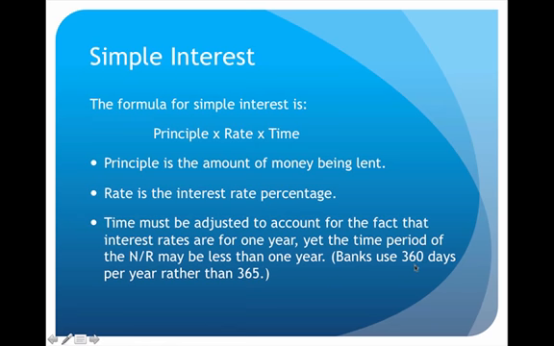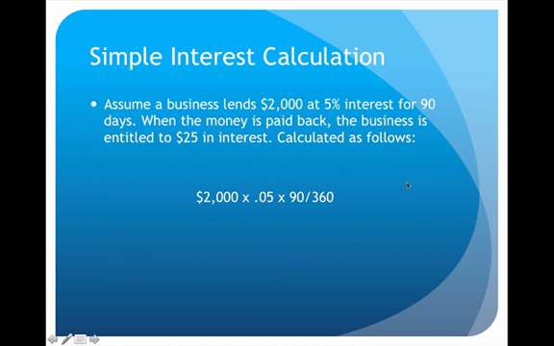Now, to see this in an example, assume that we're going to lend a customer or a client $2,000. But evidently, we're going to require them to sign a written promise, and we're going to charge them interest. So this is a note situation. We're going to lend them this $2,000.